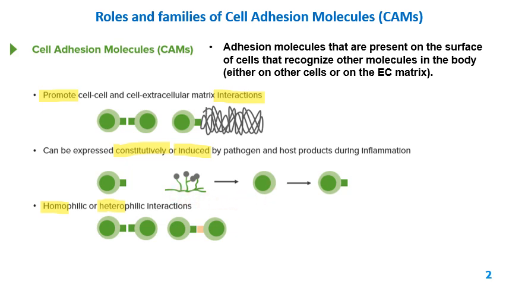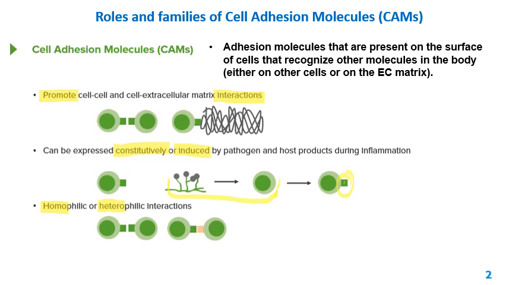What is happening here is that some kind of signal or exposure to some type of pathogen, which in this case is some kind of fungus, is going to trigger the expression of that adhesion molecule on the surface of the cell, okay? So some molecules are always there, but some other molecules only come up when you have a trigger for them. Okay, so keep that in the back of your mind.